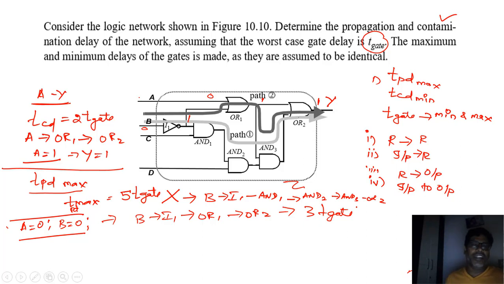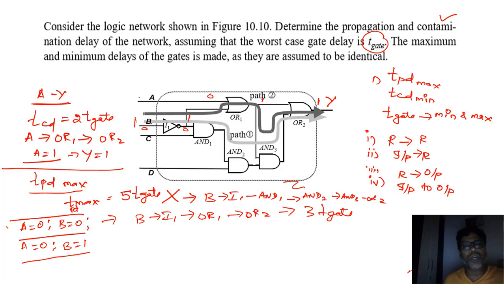Okay, right. Now again, let me make one more combination. Now let's make A equal to 0, B equal to 1. What is it trying to do? Look at here. So when I make A equal to 0, B equal to 1, when B equal to 1, this becomes 0, right?